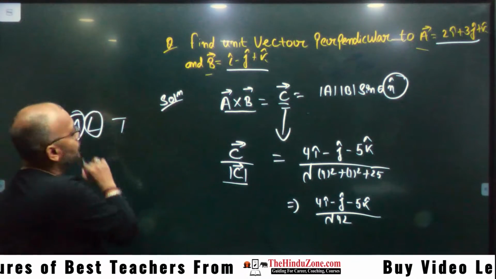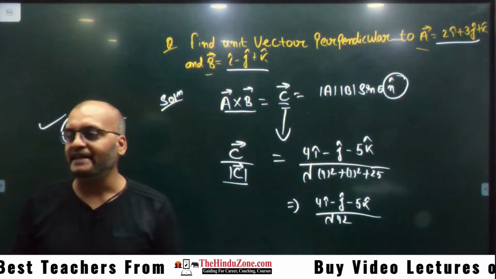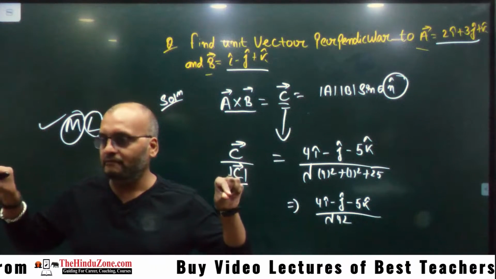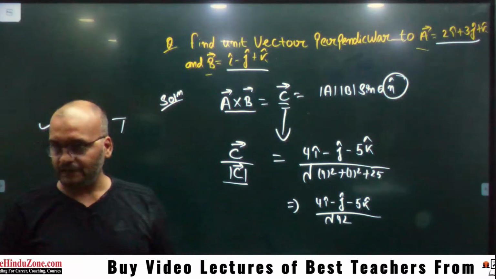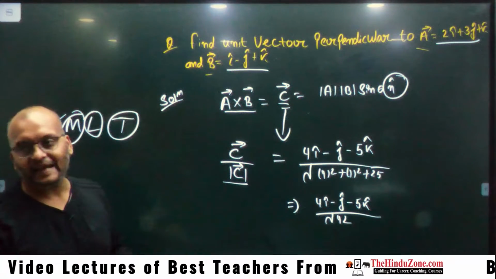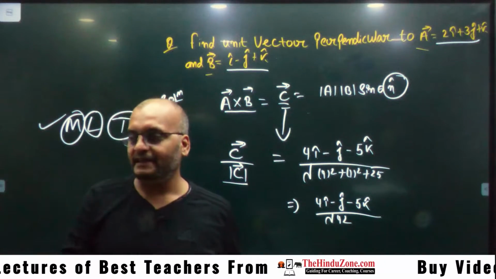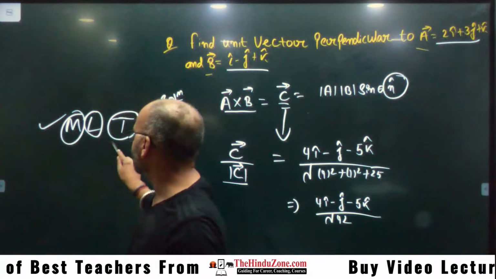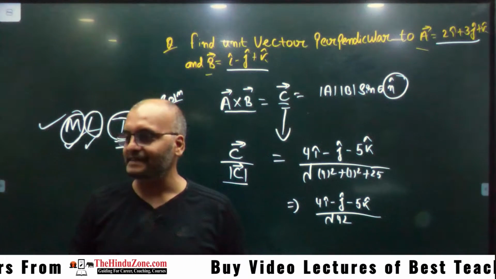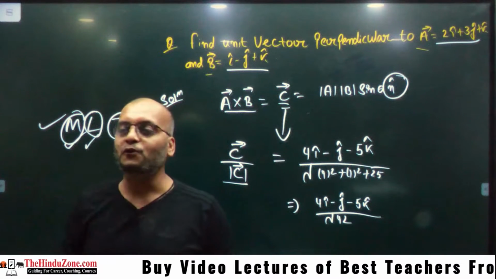Can you change the length of a body? Yes, you can reduce it or increase it. When you heat a body it gets elongated, so length can be altered, right? Can you change time? Can we move backwards or forward? Now we are not able to do this. But if these two can change, then this can also change. But we don't know how to change it.